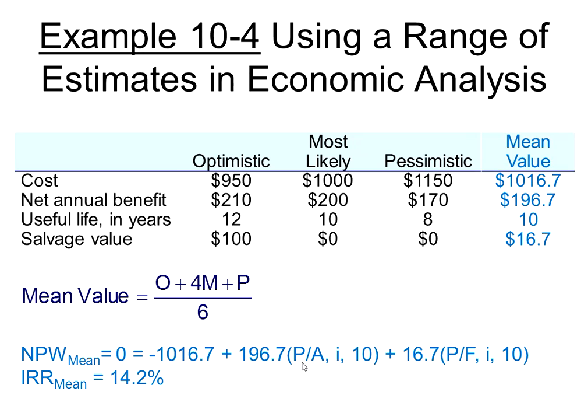From this equation, setting it to 0 and determining the I that satisfies it, we get this value of internal rate of return, and that's 14.2. So that's the internal rate of return for mean estimates.